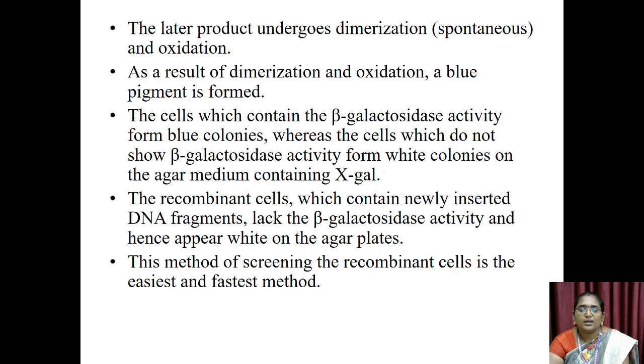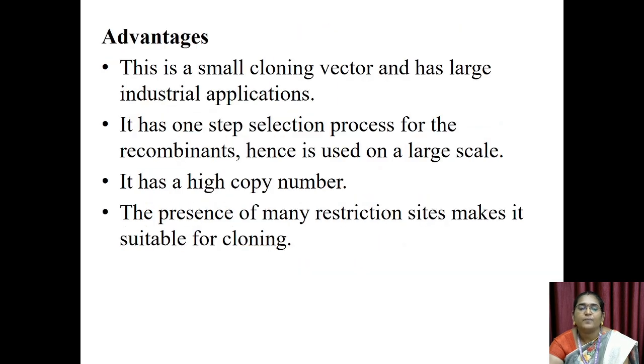The cells which contain beta-galactosidase activity form blue colonies, whereas the cells which do not show beta-galactosidase activity form white colonies on the agar medium containing X-gal. The recombinant cells which contain newly inserted DNA fragments lack the beta-galactosidase activity and hence appear white on the agar plates. This method of screening the recombinant cell is the easiest and fastest method.